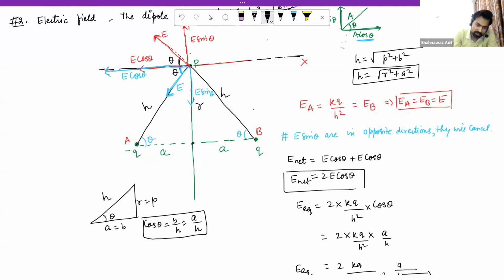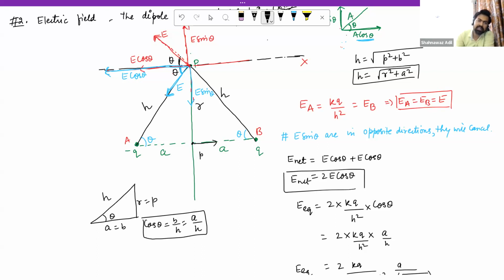From negative to positive charge. Absolutely correct. So negative to positive direction. So this dipole moment direction is in this direction, right?